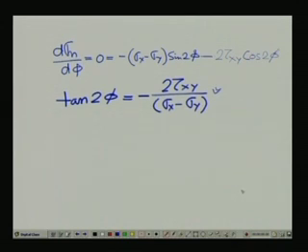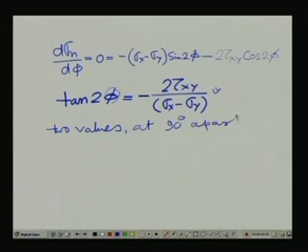Of course, we are having two values of phi, 90 degrees apart. In a similar manner, we can also find these values for d sigma n by d phi.